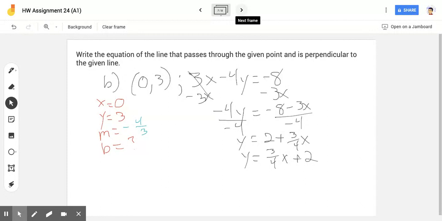So let's put it all into a linear equation. I'm going to do it right down here. 3 is equal to -4/3 times 0 plus b. Nice, easy for us. 3 is equal to 0 times -4/3 is simply just 0 plus b makes it b.